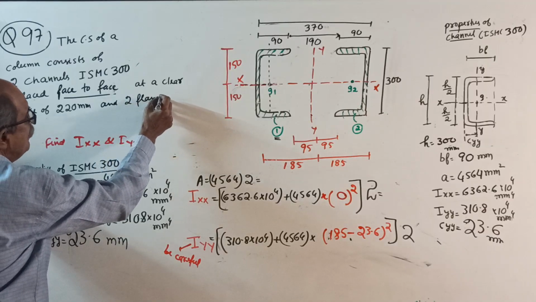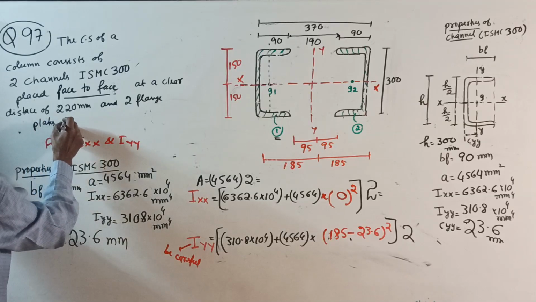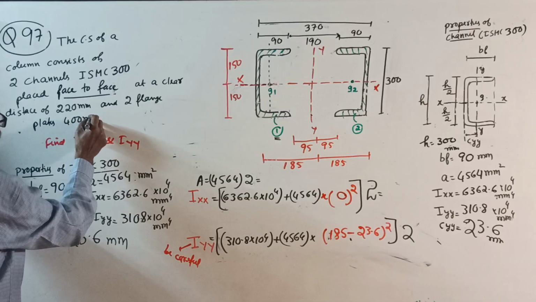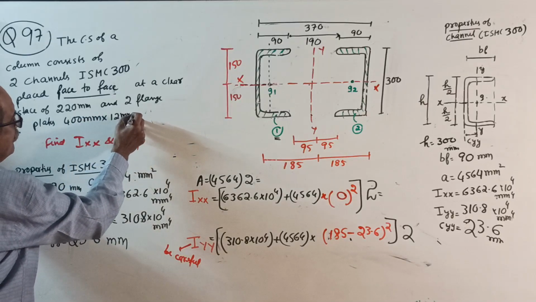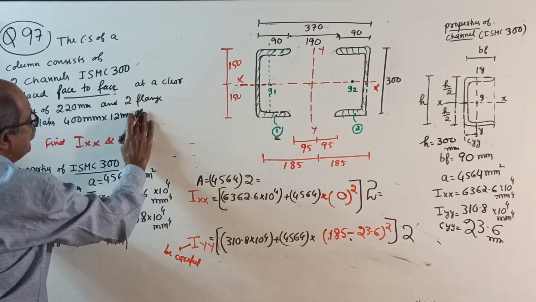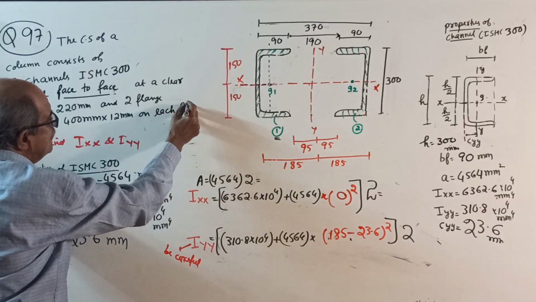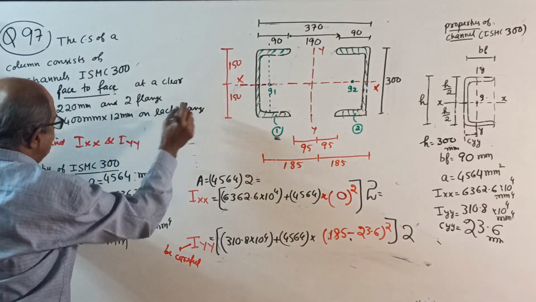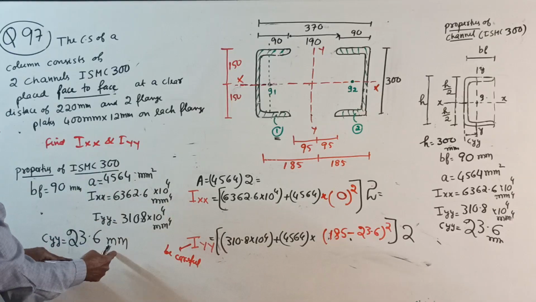Now be careful with the language. 2 flange plates, 400 mm by 12 mm on each flange. Find IXX, IYY. Properties are given in the question.